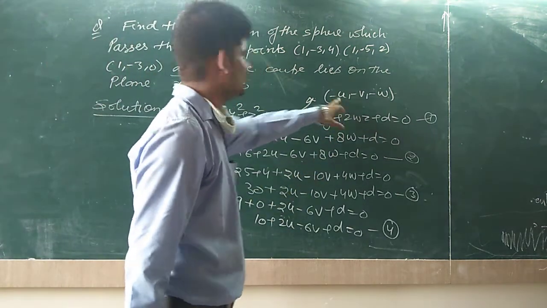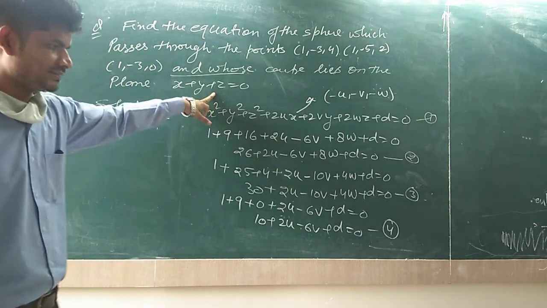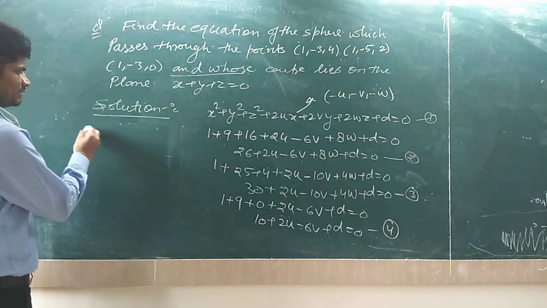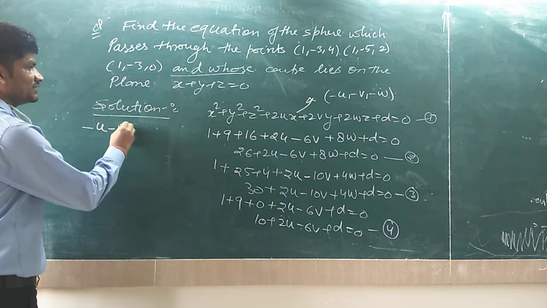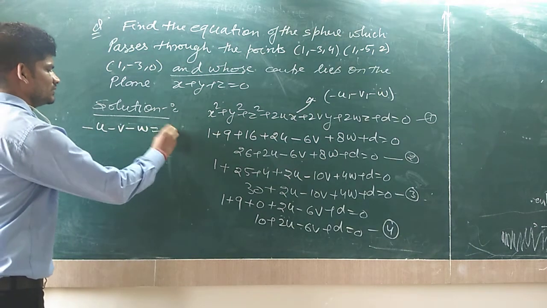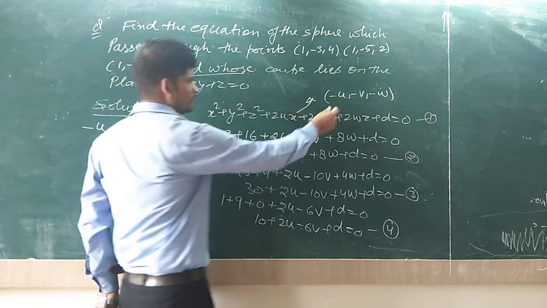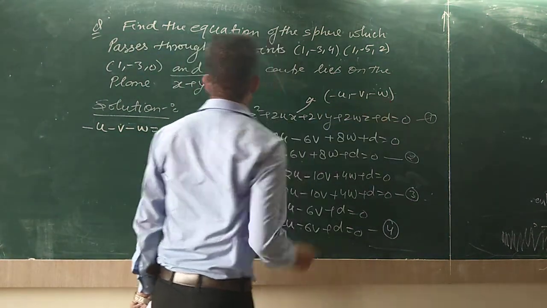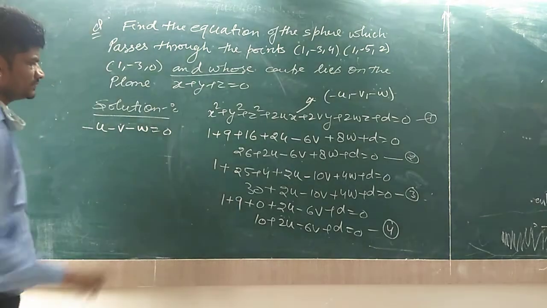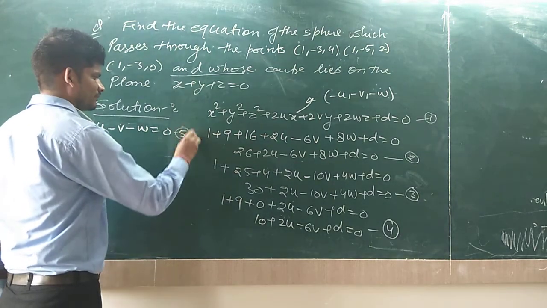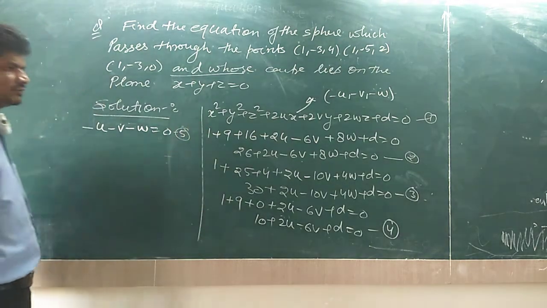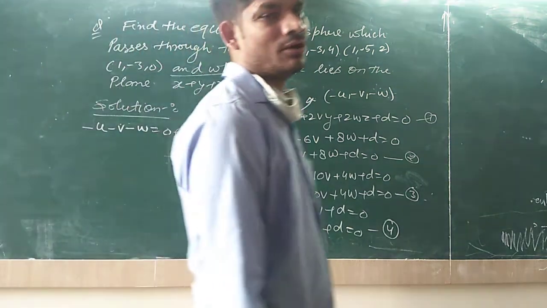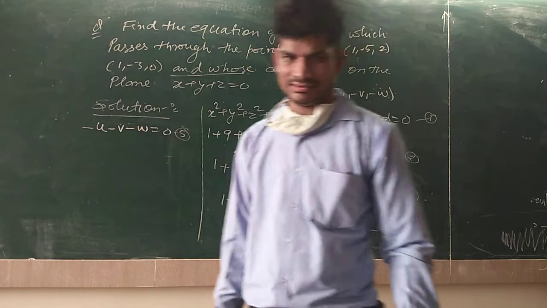Then this point lies on this equation. So the new condition is minus u minus v minus w equal to 0, putting minus u in x, minus v in y and minus w in z, and we get a new equation number 5. Equations 2, 3, 4 and 5 are solved to find the values of u, v, w and d.